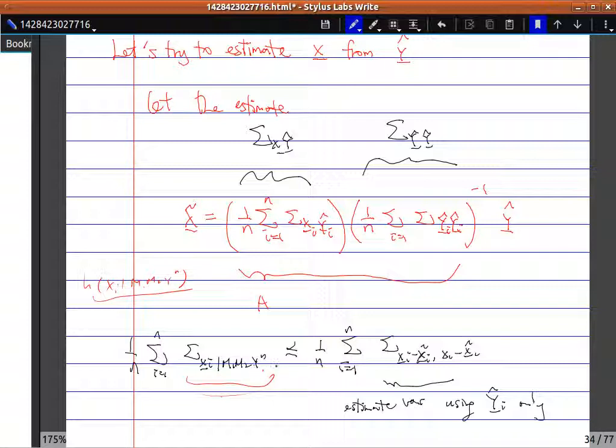Given m1, m2, I can know xi hat. And then given xi hat and yi, of course this includes yi, this is just y1 up to yn, and we have some yi in the middle.